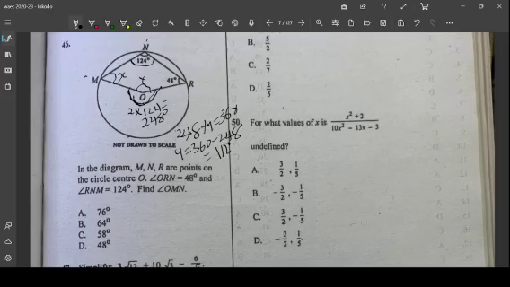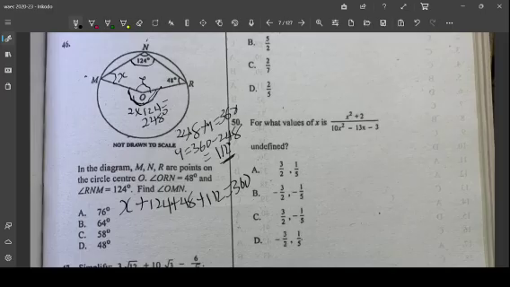So now I have 3 out of the 4 angles I need, which I know total 360 degrees. So to get my x, all I simply need to do is x plus 124 plus 48 plus my y, which I've gotten now as 112. Everything must be equal to 360 degrees.